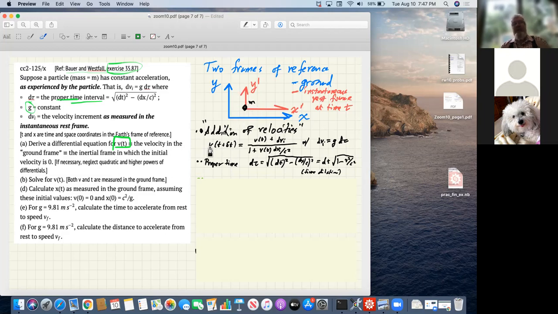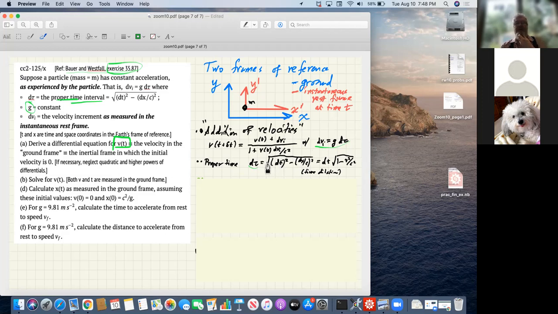So the formula for addition of velocities, or more properly, combination of velocities, is v of t plus dv sub I. That would be the classical result. But you have to divide by 1 plus v times dv sub I over c squared to get the true result for physics. And again, dv sub I is g d tau, and d tau is the proper time. So d tau is the square root of dt squared minus dx squared over c squared.